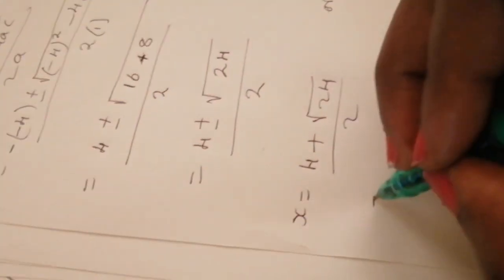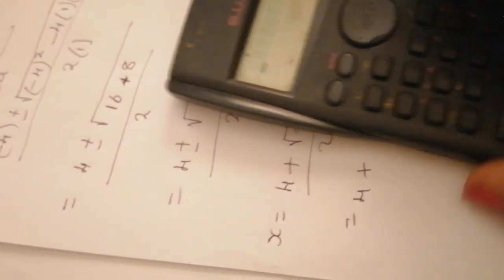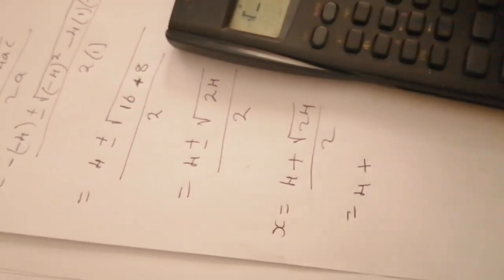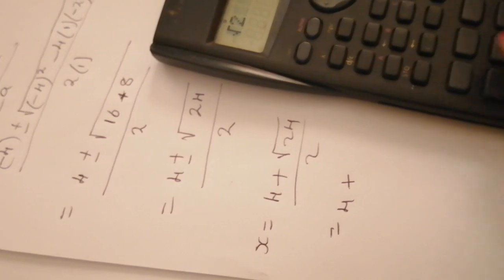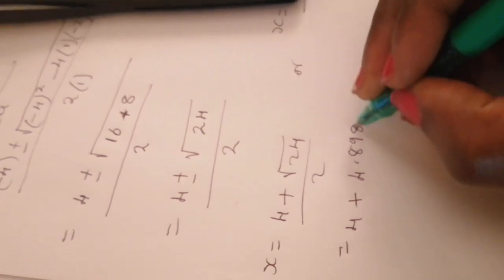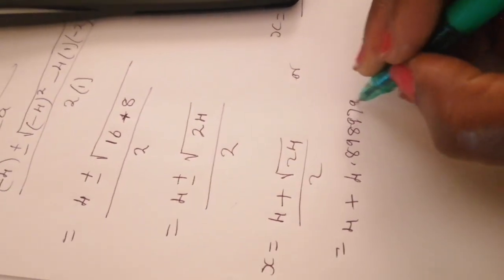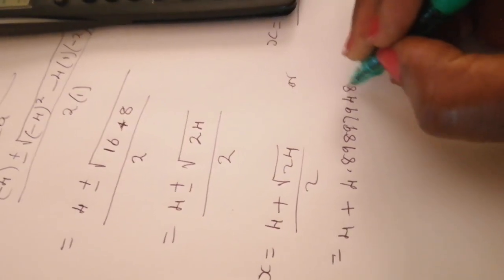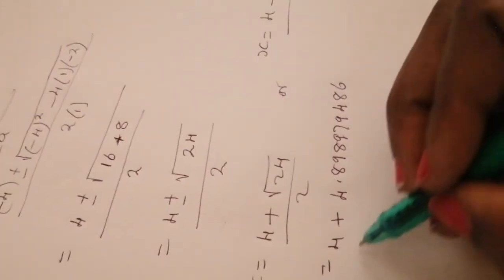Okay, equals 4 plus square root of 24. Use your calculator. Square root of 24 is 4.8989799486 divided by 2. Okay, so both numbers here are positive.